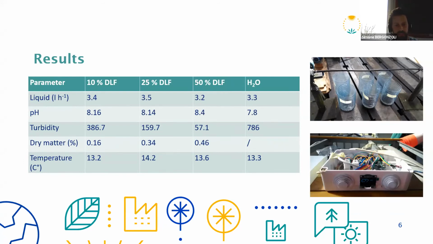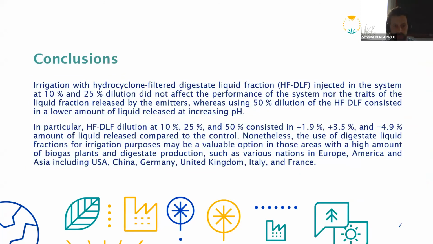Also about dry matter, the higher concentration was in the treatment with the highest part of wastewater, and we found no differences in the temperature of the liquid. Going to the conclusion, we have seen that the irrigation with 10% and 25% dilution did not affect the performance of the systems, nor the traits of the liquid fraction in terms of pH and dry matter content.